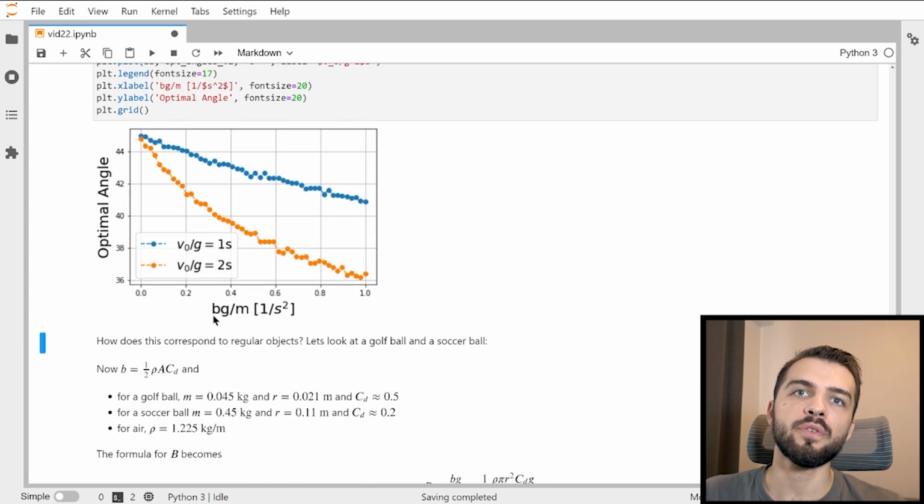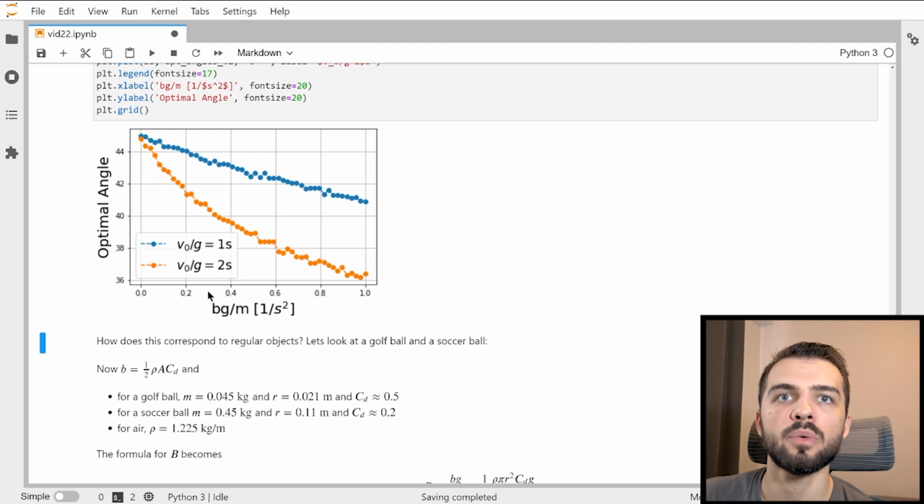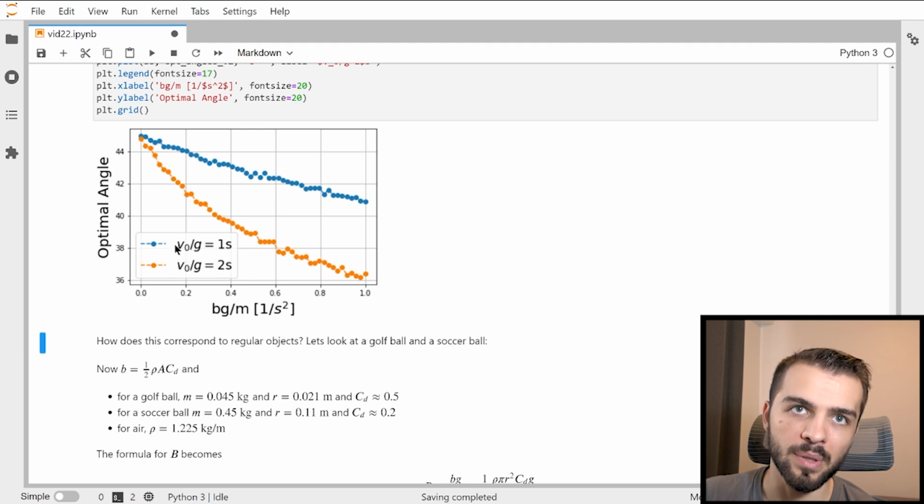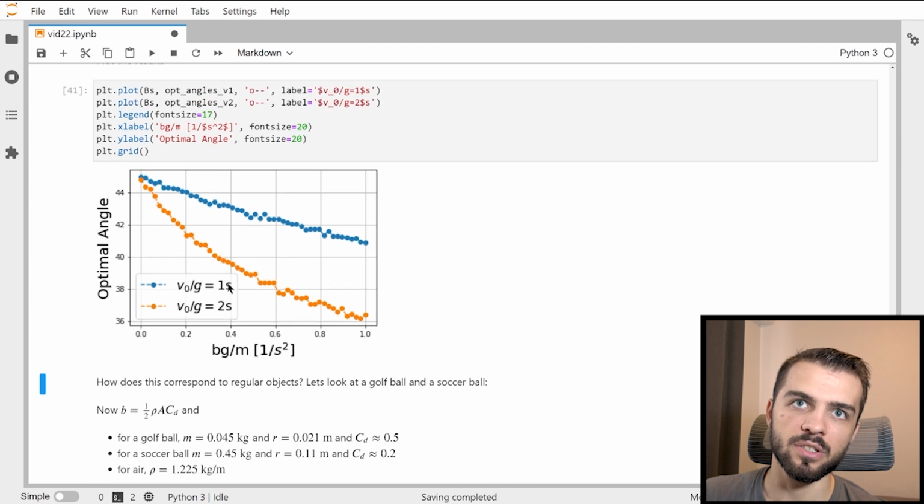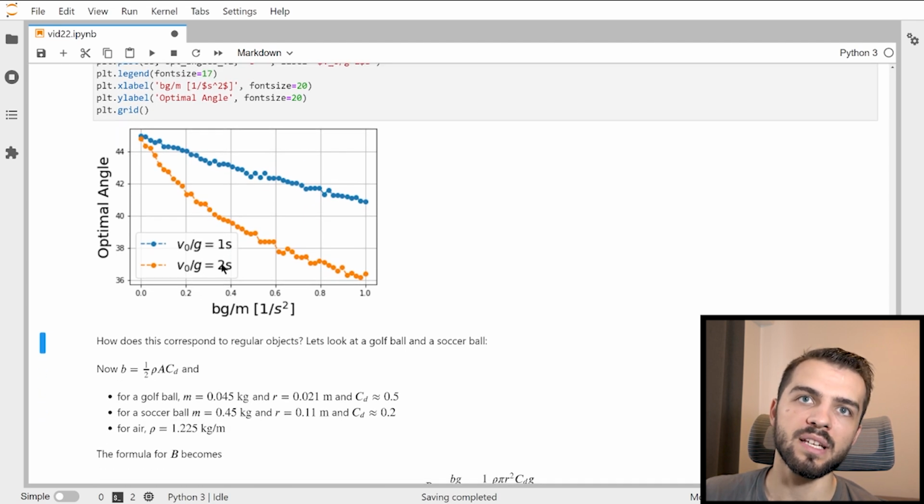So I have different values of capital B, which is equal to bg over m. The units are 1 over seconds squared. And the optimal angle here of launch. So what this says is that, for example, when the friction is 0.4, when you initially launch it at a value of v naught over g, remember that capital V is v naught over g. Everything is divided by g here. So when capital V is equal to 1 and the units are seconds, then v naught over g is equal to 1 second.